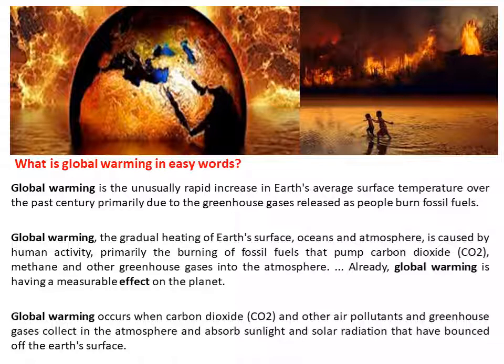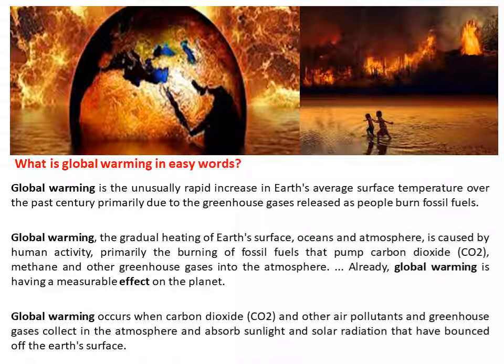Now, the next definition. Global warming, the gradual heating of Earth's surface, oceans, and atmosphere, is caused by human activity, primarily the burning of fossil fuels that pump carbon dioxide, CO2, methane, and other greenhouse gases into the atmosphere.